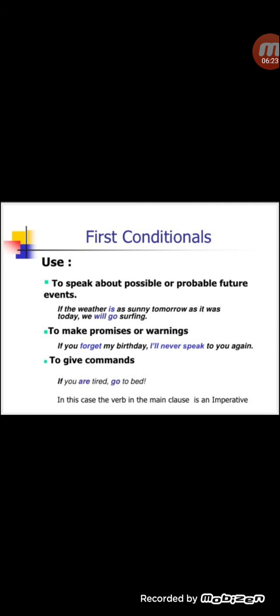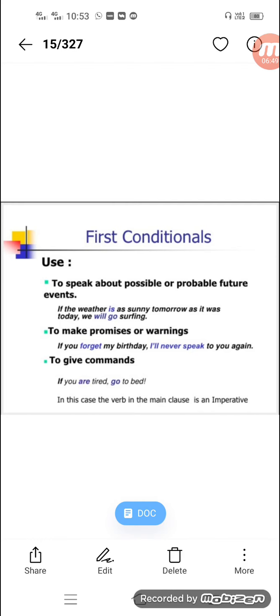That's why the condition is possible, and the result part is probable. Okay, if the weather is as sunny as it was yesterday, we will go surfing. To make promises or warnings, if you forget my birthday, I will never speak to you again. Okay, here the condition is fulfilled and its result is probable. These are the sentences which we call first conditional sentences.